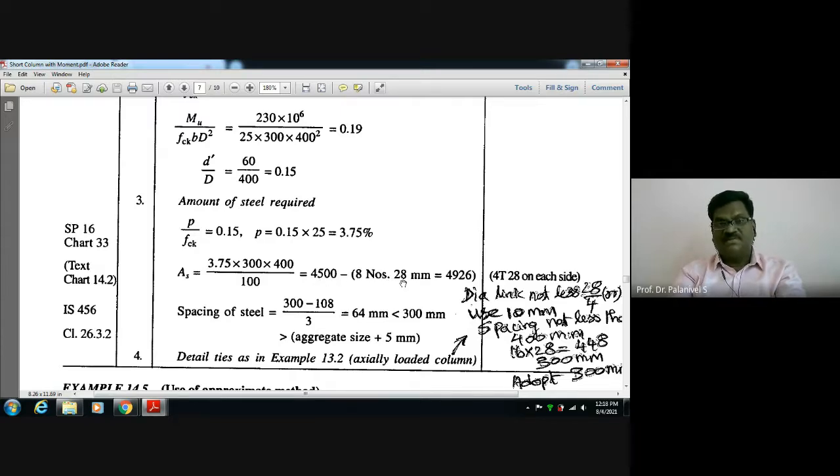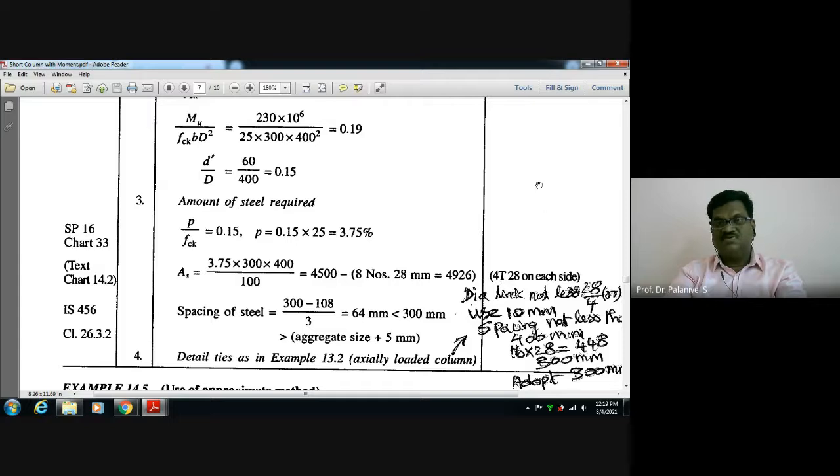You write some designation, 4T. I already told you, don't write it this way. 28T means 28 mm tar steel. Some people use a circle with a T over it to represent tar steel.